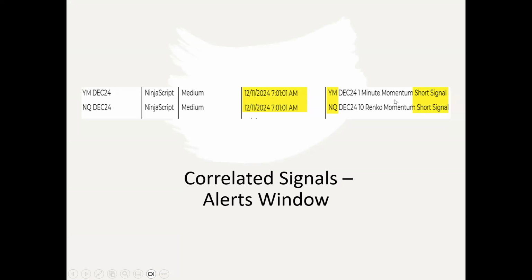So here we had a short signal on the Dow and the NASDAQ. And you can see we do time and date stamp these signals. And you can see these two signals came in at the exact same time, right down to the second.